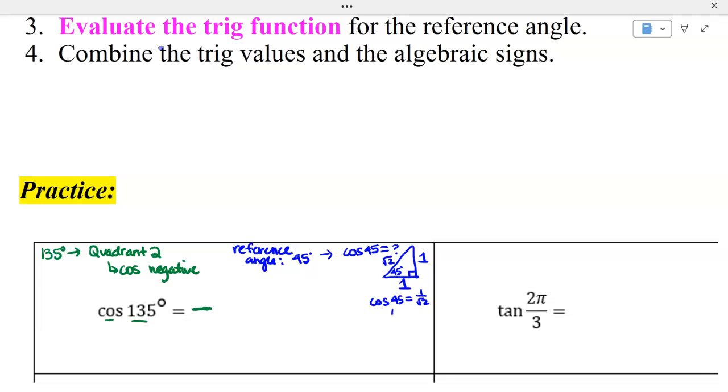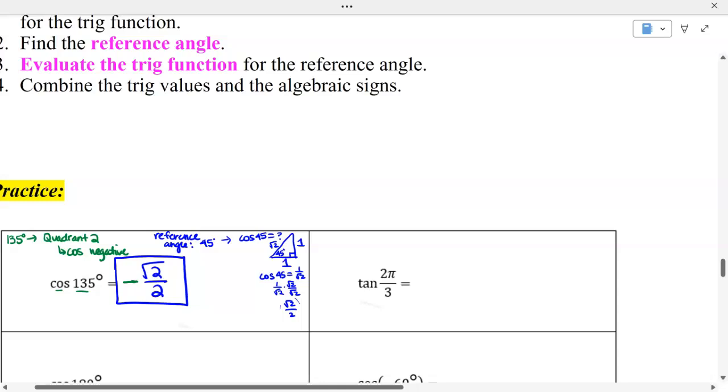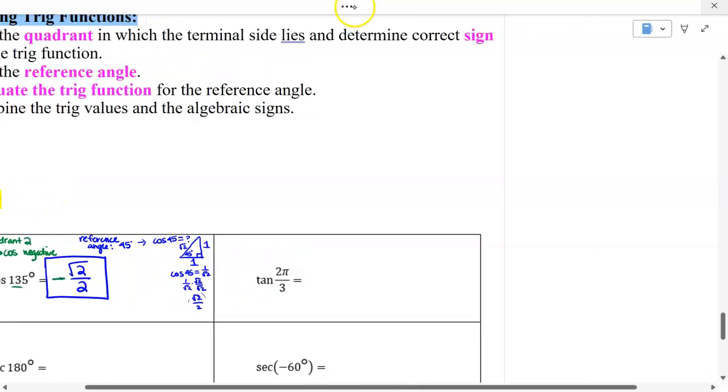So you end up getting 1 over the square root of 2 times the square root of 2 over the square root of 2. So that just gives you square root of 2 over 2. And we're going to take that and put it over with our final answer. So we know that in the second quadrant, our cosine is going to be negative, and then we pull the actual value of the cosine from our reference angle. So the cosine of 135 is going to be negative square root of 2 over 2.